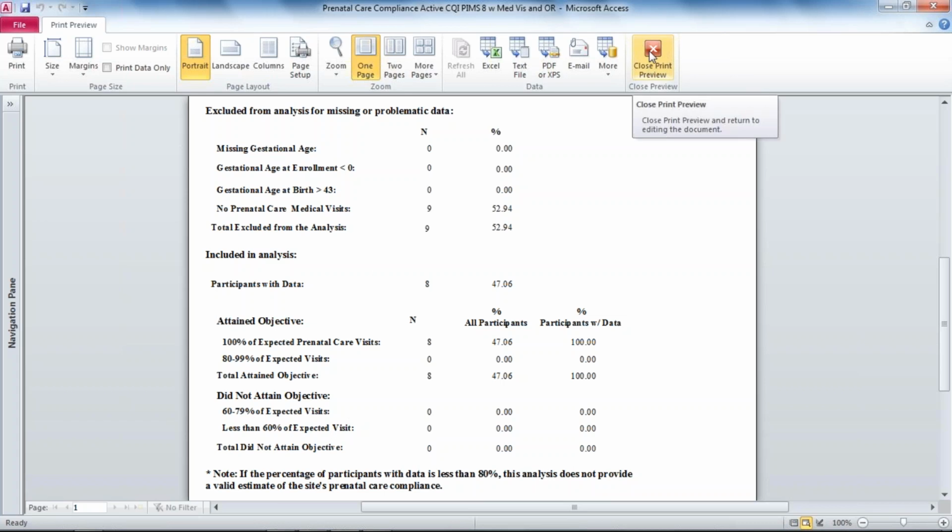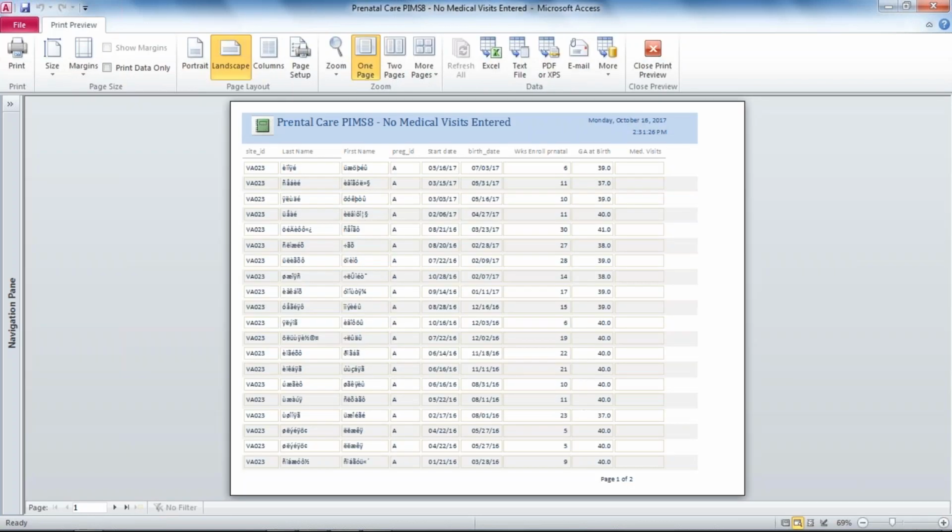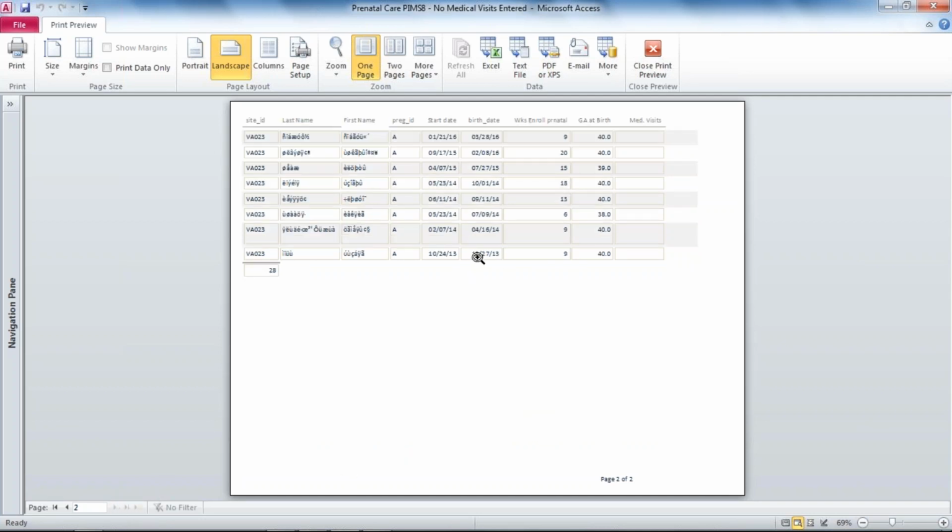If, as we do here, you have some missing people, we also have reports on missing data here. So you can look at the missing data medical visits here, and that shows the people in your prenatal who had missing medical visits. Now you'll notice that this report is more than the number of people total in that other report, and it goes back to people at the beginning of our date range for the supplemental system that we input on the front on the main switchboard.